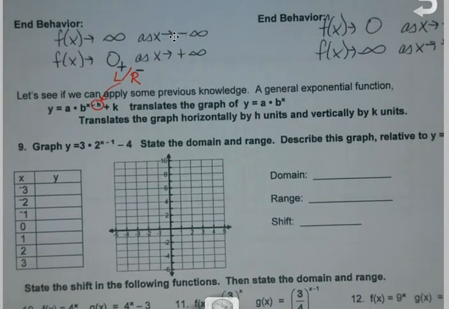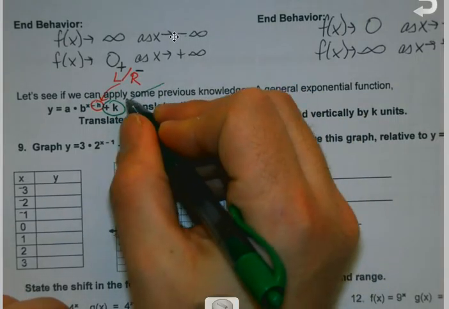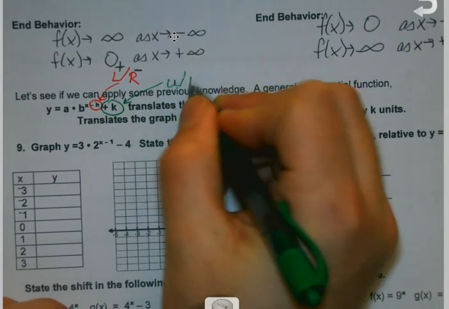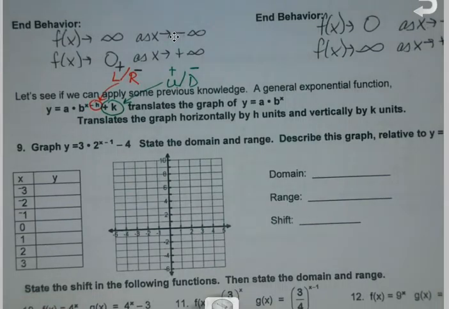So if it's minus, I'm going right. If it's plus, I'm going left. Okay, but that's up in the exponent. If it's the one that's on the end, my k value, that's my up and down shift. And again, just like it always has been, that pretty much goes with what you think it would be. Up is going to be plus, and down is going to be minus.